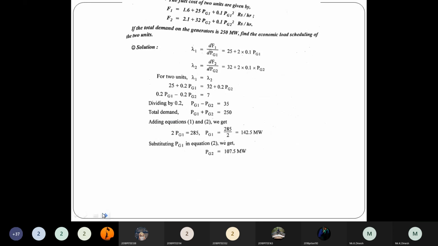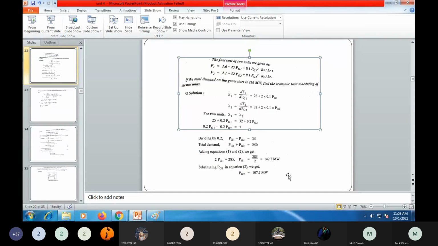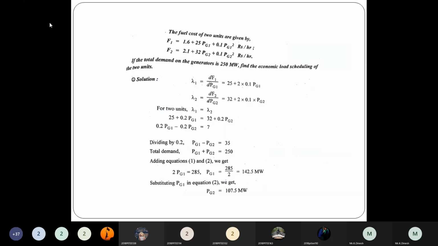Now we have numerical examples. So first problem in this unit: the fuel costs of 2 units are given by F1 equal to 1.6 plus 25 Pg1 plus 0.1 Pg1 square rupees per hour, and F2 equal to 2.1 plus 32 Pg2 plus 0.1 Pg2 square rupees per hour.